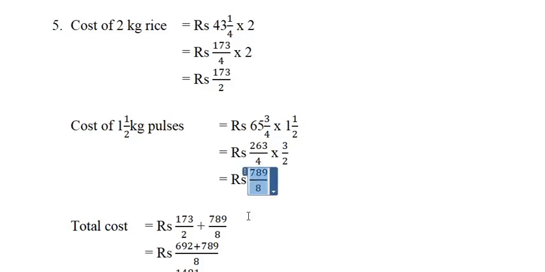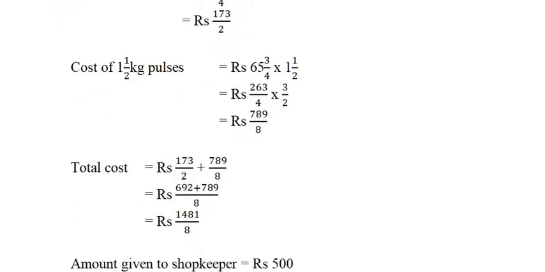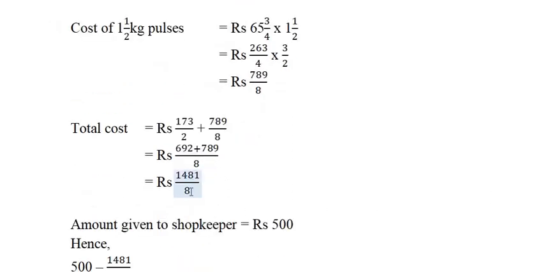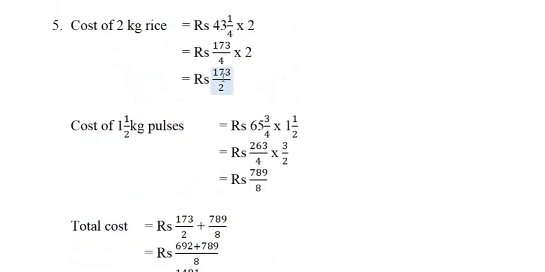Now you can total the cost here, the cost of rice and pulses. So the total cost is 1481 by 8. You must have noticed that I am not converting these improper fractions into a mixed fraction. Why? Because the answer is still not complete.